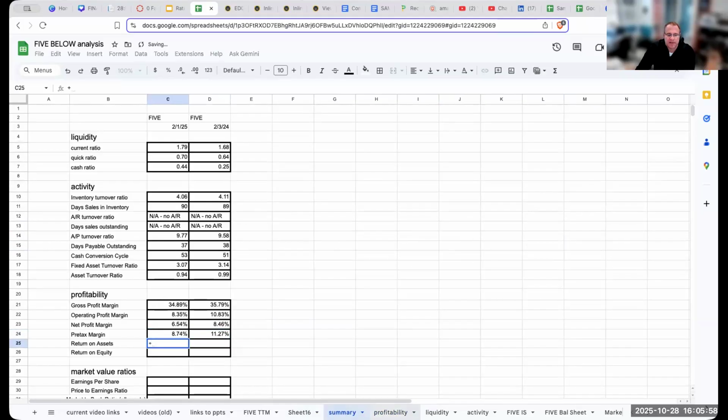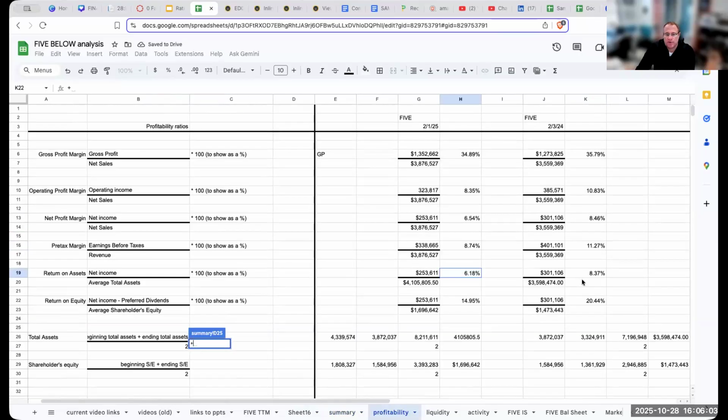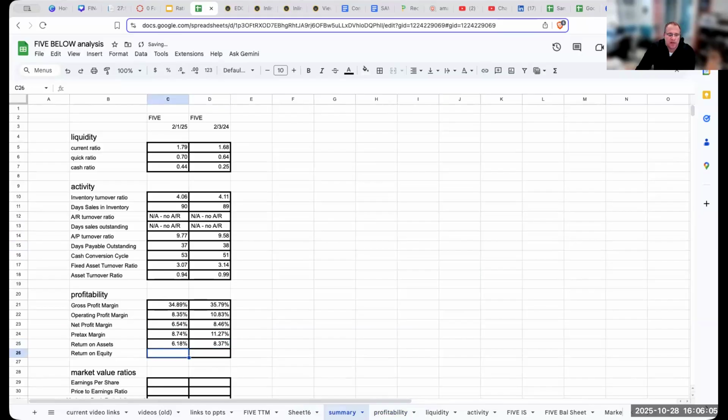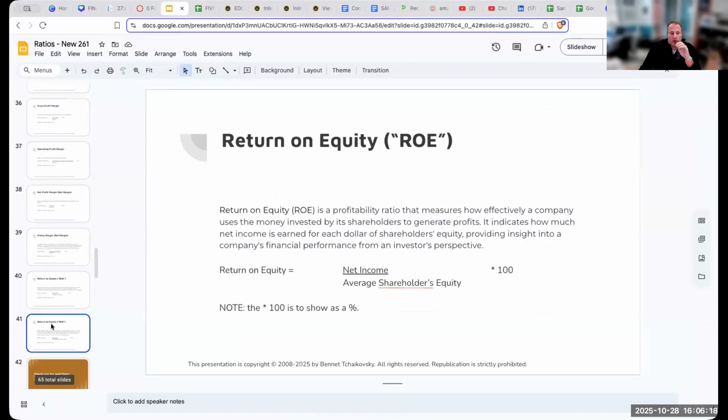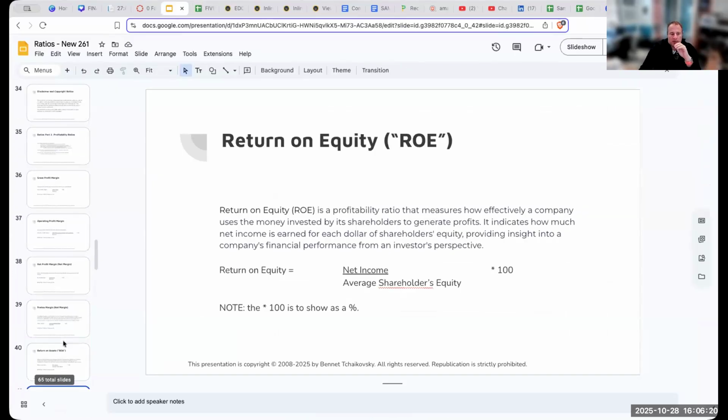My return on assets is going to be 6.18, and then over here at 8.37. And then my return on equity is going to be 14.95, and then this is going to be 20.44.